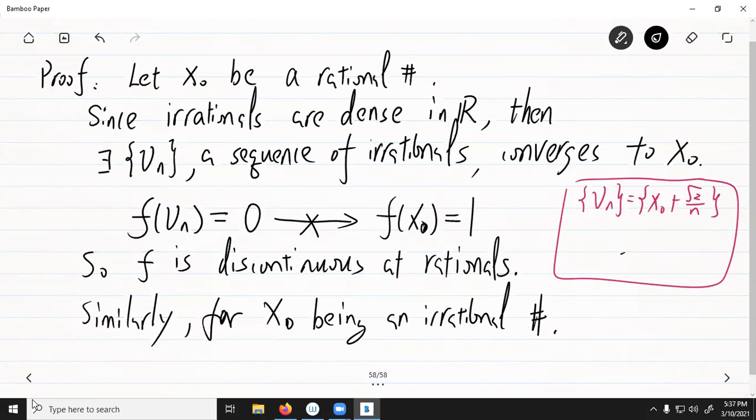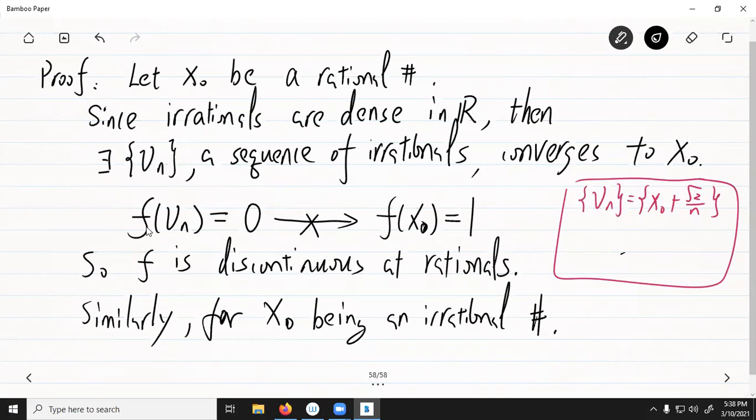If x naught is irrational, since rationals are dense in R, there exists a Un, a sequence of rationals converging to this irrational number.